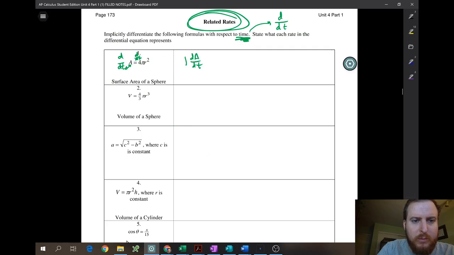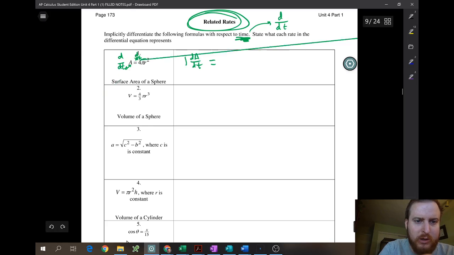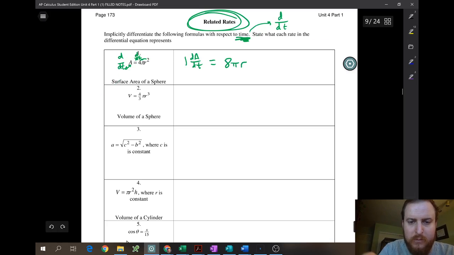If they don't match up, you always do that implicit derivative. Now, pi is just a constant. It's the same as just having like 3 point something. So it's going to stay the same. The derivative of r squared, we bring the square down, so we get 2 pi r. But then, because r is different than t, we need to multiply by dr dt, that implicit derivative. And so this would be our equation.